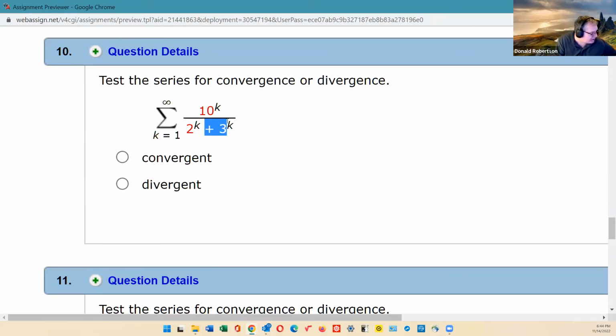See if that 3 to the power of k was missing, it would be a geometric series test. See if that 2 to the power of k was missing, it would have been a geometric series test. But because it's got 2 guys in the bottom, it's not a geometric series test, but it is a limit comparison test. Now you need to tell me, who do you compare it to?